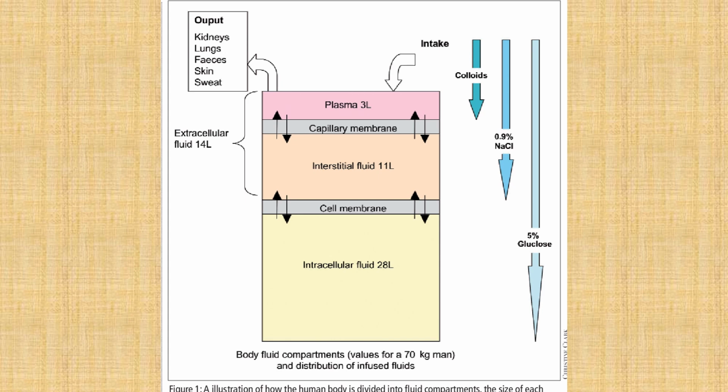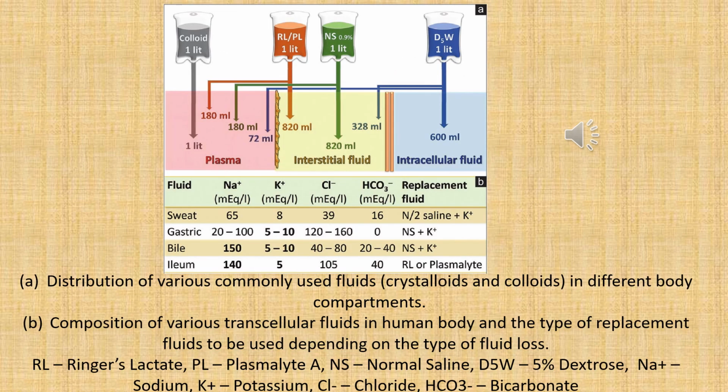An illustration of how the human body is divided into fluid compartments. Distribution of various commonly used fluids in different body compartments. Composition of various transcellular fluids you can see on the slide.